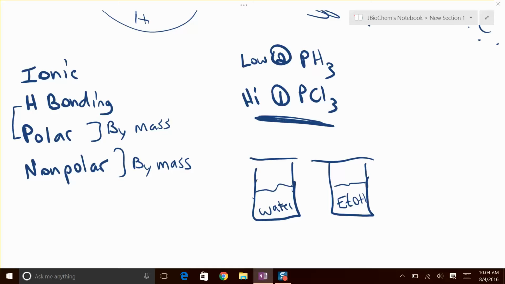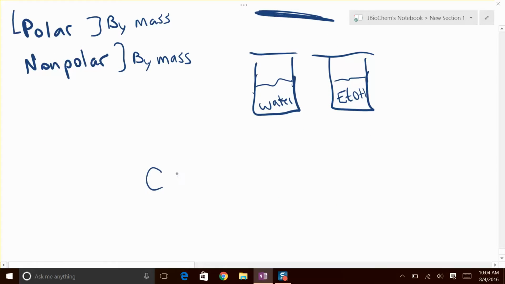These would have the highest vapor pressure. Carbon dioxide would have a very high vapor pressure because, if I put it on the table here, it's going to evaporate. It's a nonpolar molecule. Carbon dioxide is nonpolar, and so dry ice, right?